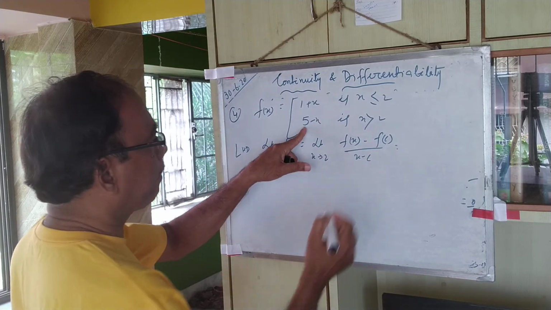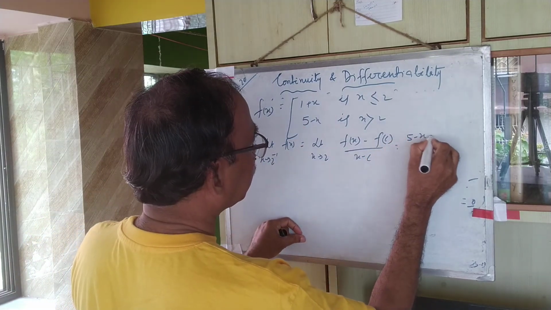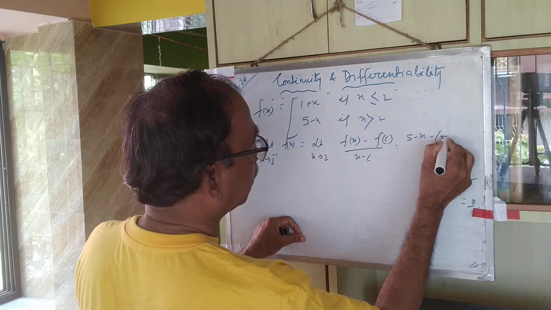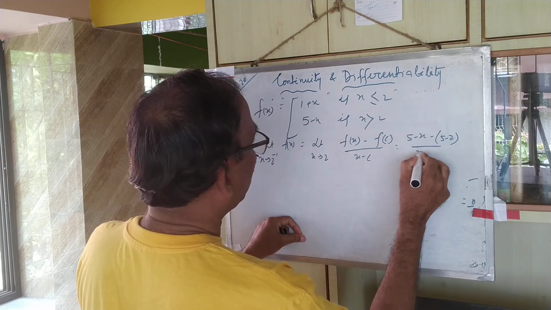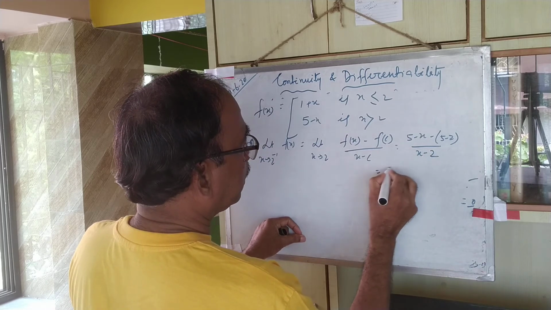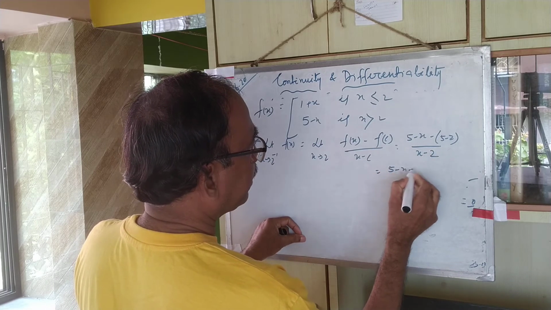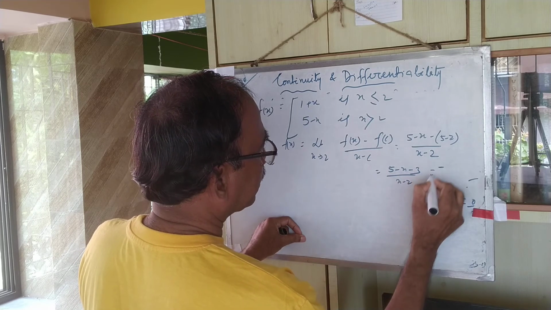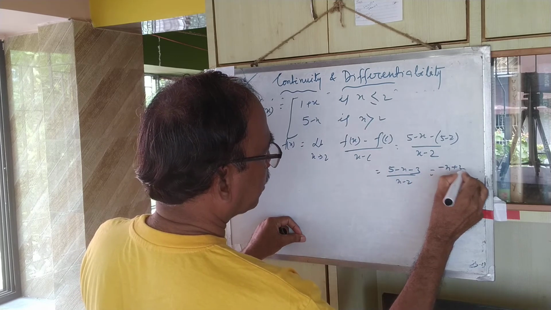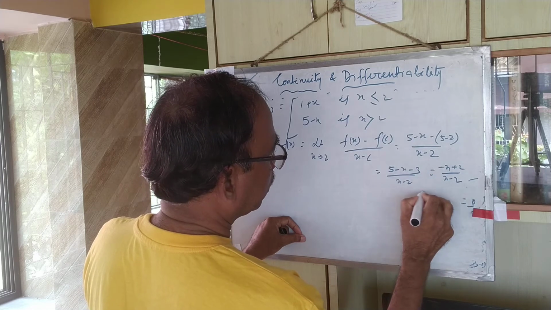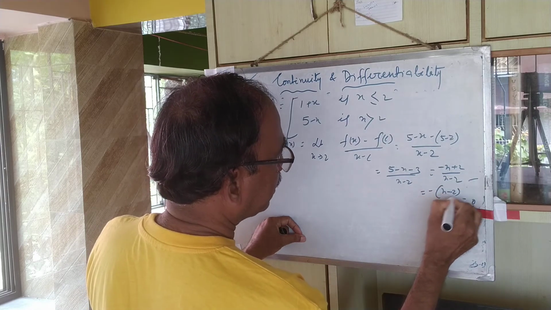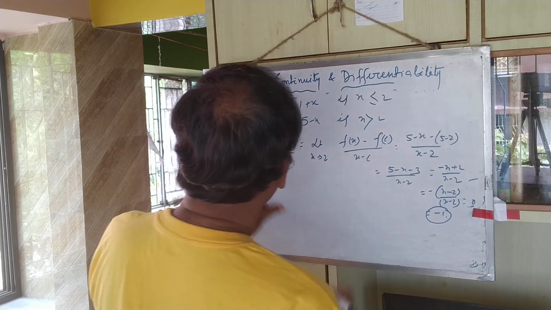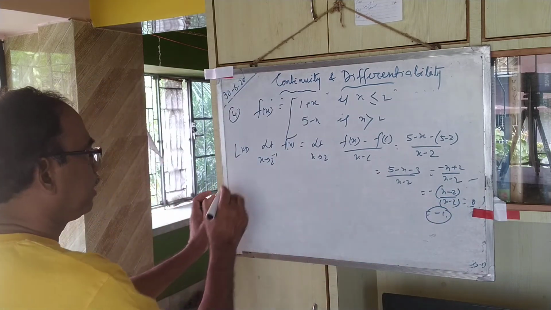Here f(x) is 5 minus x, minus f(c) is 5 minus 2, over x minus 2, that is 5 minus x minus 3 over x minus 2, that is minus x plus 2 over x minus 2, equals minus (x minus 2) over x minus 2, that is minus 1. Left hand derivative is coming minus 1.